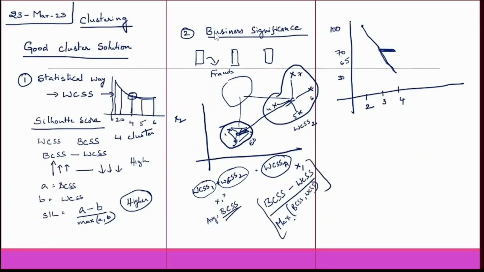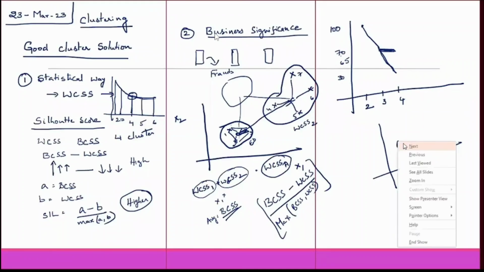Obviously, if you look at this, if I have one very small cluster, almost all the observations are very close to this cluster. I have another cluster here, with the observations somewhere here. You could see the average distances within the clusters are very low, whereas the average distance between the clusters is very high.